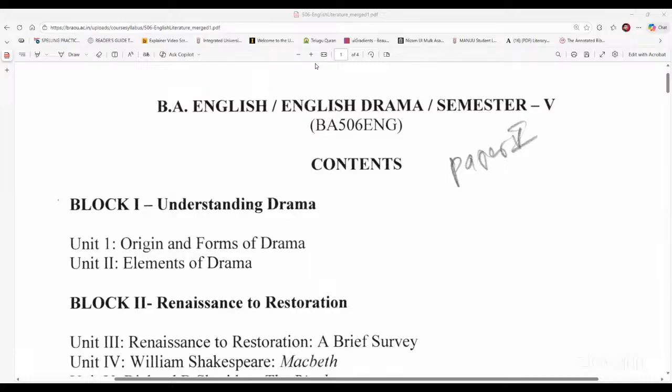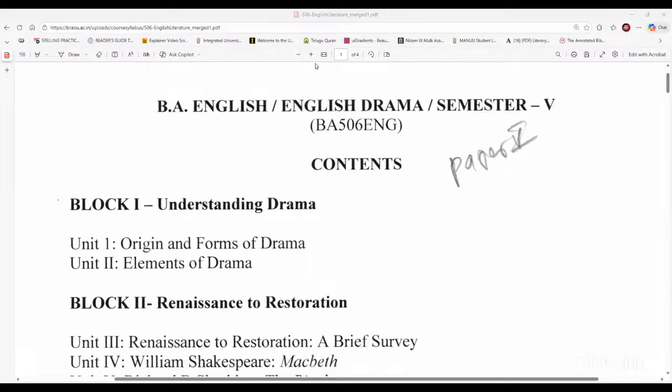Now, what is exposition? Exposition is the introduction of characters and situation. What is rising action? Development of conflict. What is climax? It's a turning point in the story. What is falling action? It is the consequences of climax. What is resolution or denouement? It's nothing but the conclusion of the story.